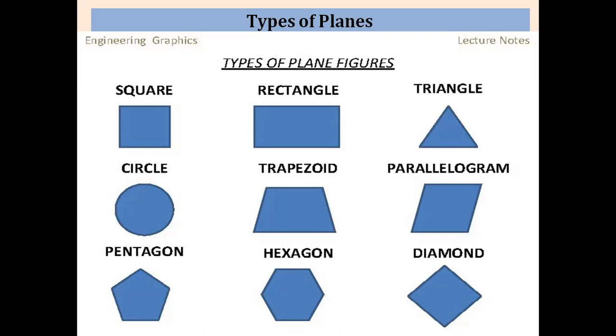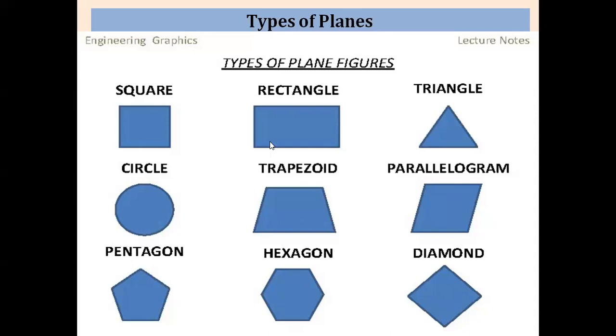Who will tell the definition of a plane? Negligible third dimension. Okay, the geometry which has negligible third dimension, or which has only two dimensions, is called a plane. So these are the different types of planes. You can note down here.